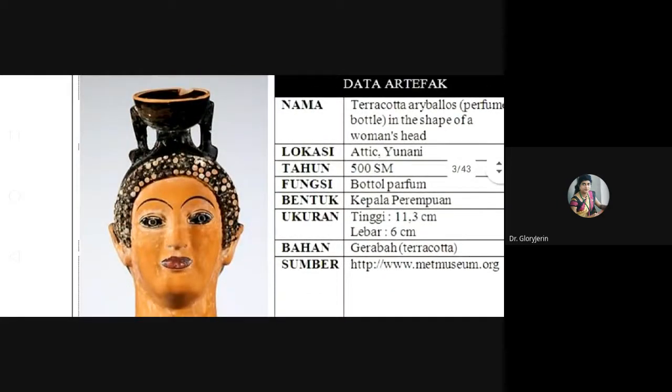Interpreting forms as signs is what we call, in the terminology of semiotics, a sign. We can see the visual and interpret it as something else. So this bottle is an iconic sign. With an iconic sign, we can interpret that this bottle is used by a woman.